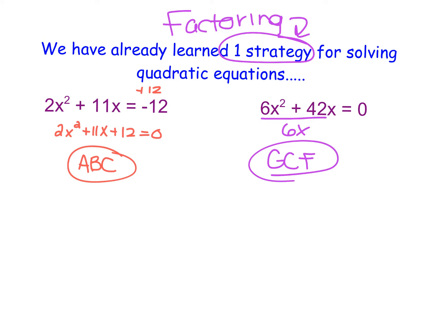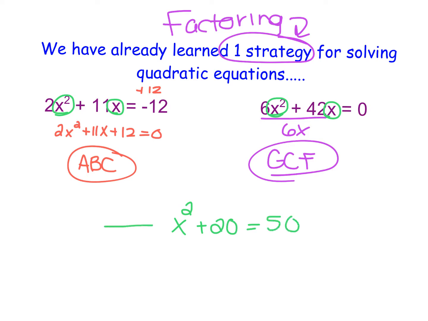What we're going to focus on today is a different type of looking quadratic equation. Notice in these that we always have an x squared and an x term. What we're going to focus on today are the equations that don't have both. For example, we might have x squared plus 20 is equal to 50.